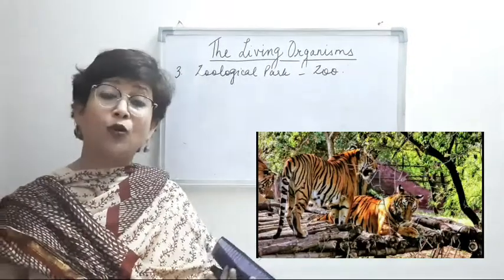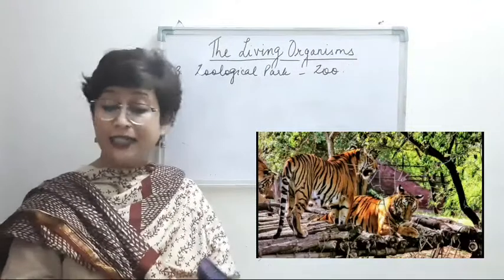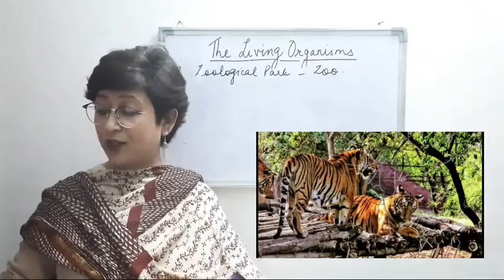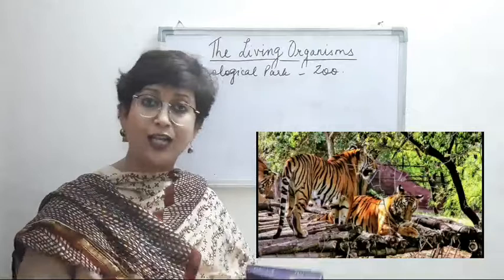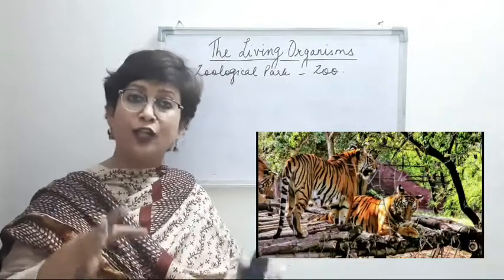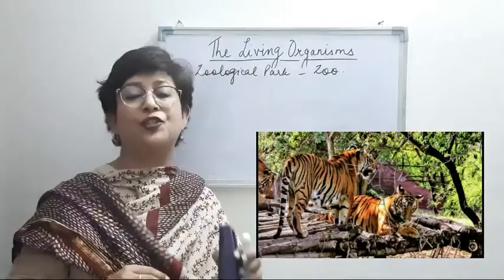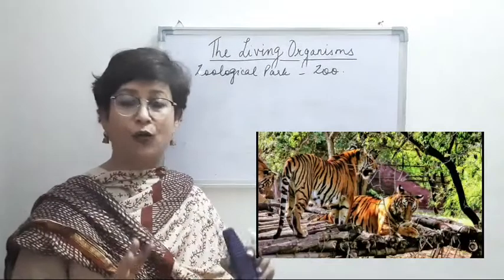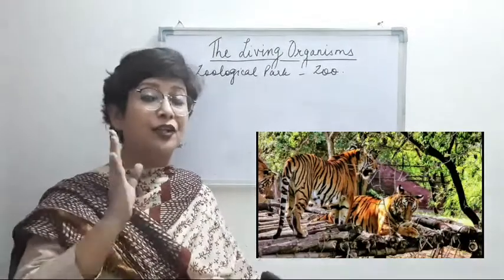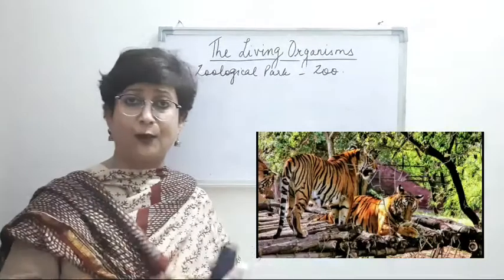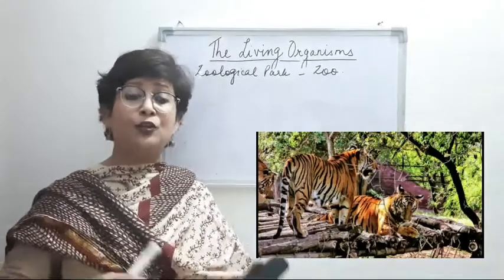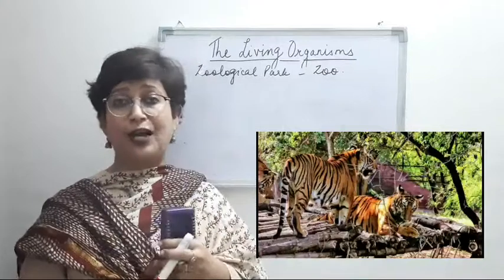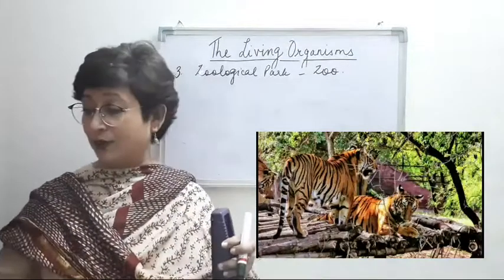And it is also seen that these organisms, of course they are not in the natural habitat, but it is tried to provide a kind of natural habitat to these organisms, right? So that they feel at home, right? They are actually not in the real natural habitat, but it is tried to provide a kind of natural habitat to them.